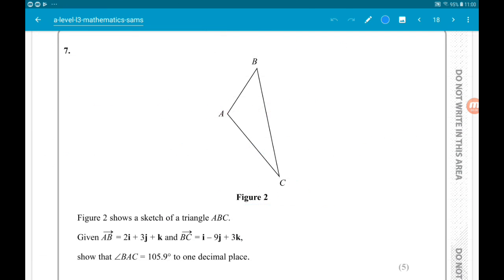In number 7, we have some vector fun, so it's 5 marks, so quite big. And figure 2 shows a sketch of a triangle ABC.